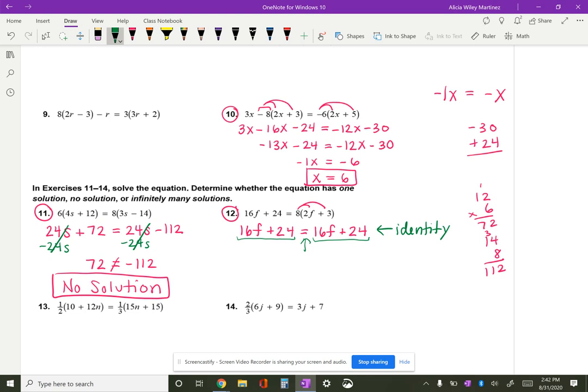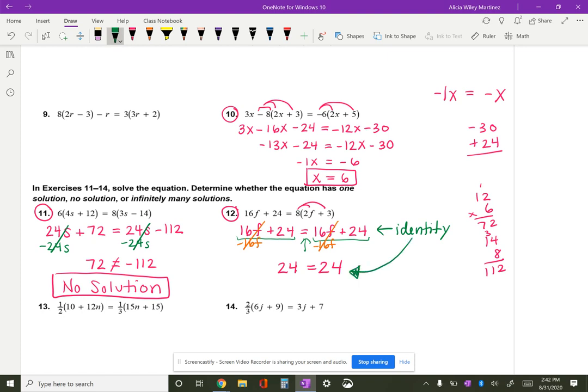If I were to start solving this, like if I subtracted 16f here and then 16f here, notice what would happen. These would cancel out to 0, and I would be left with 24 equals 24.